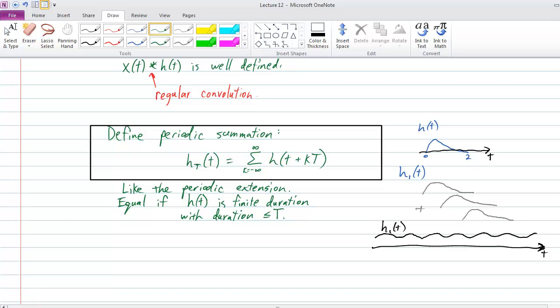So if the duration of h was less than or equal to T, then it's the same thing.